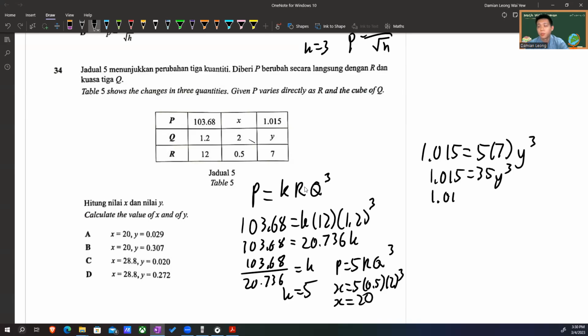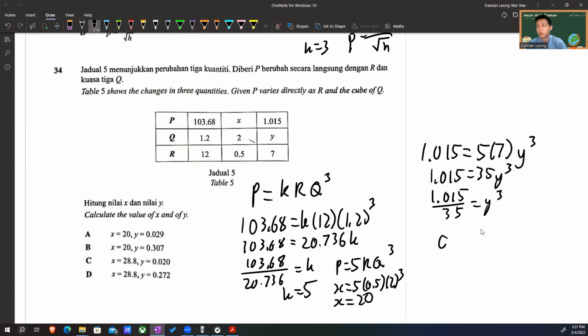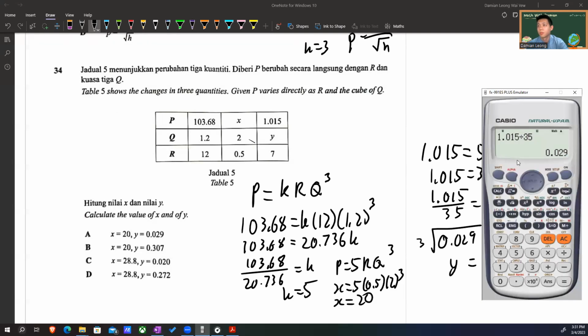Bring over, times opposite divide. Divide by 35, Y cube is 1.015 divided by 35, which is 0.029. Bring over the cube, opposite is cube root. So cube root of 0.029.